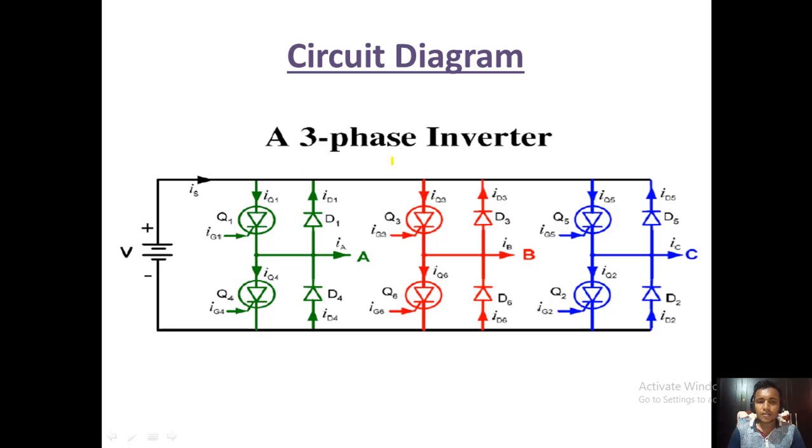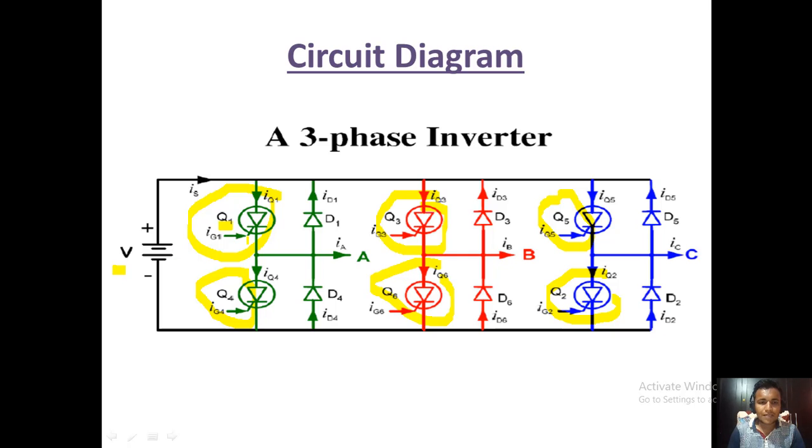For obtaining a three-phase AC supply from a given DC battery, we will use six thyristors. Here we use thyristors, that means SCR, silicon controlled rectifiers, that is Q1, Q2, Q3, Q4, Q5 and Q6.